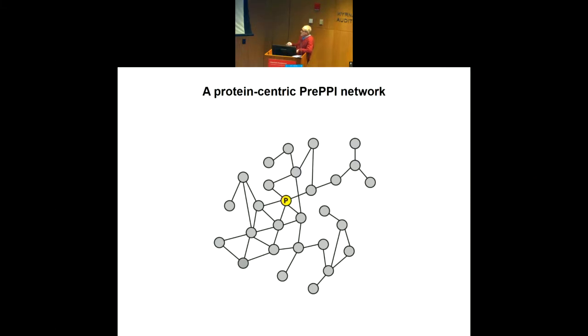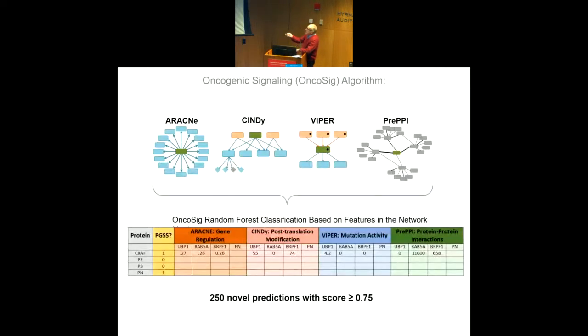So here is just a hypothetical PrEPI network centered on a particular protein. And what we do then is take that PrEPI network and combine it with Viper, Cindy, and Arachne, also centered on the same protein. We take all these predicted interactions.